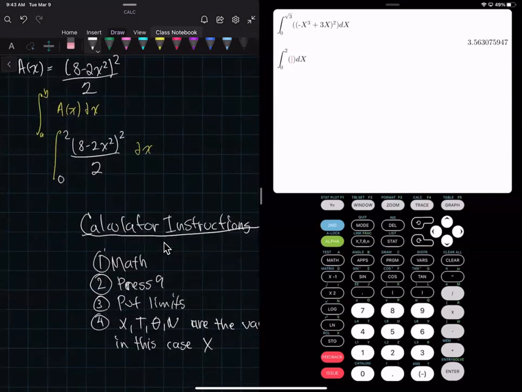Okay, make sure you use the correct amount of parentheses, x squared, close parentheses, divided by 2. And I actually need another parenthesis here, huh?